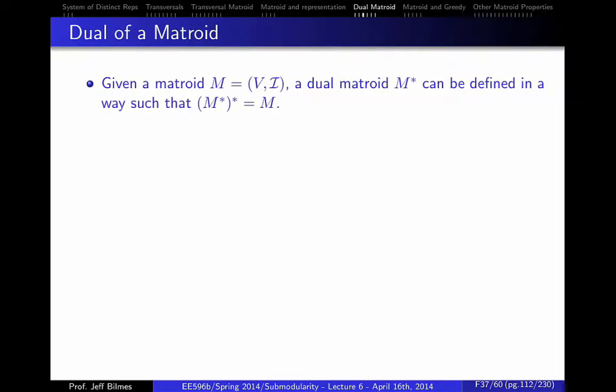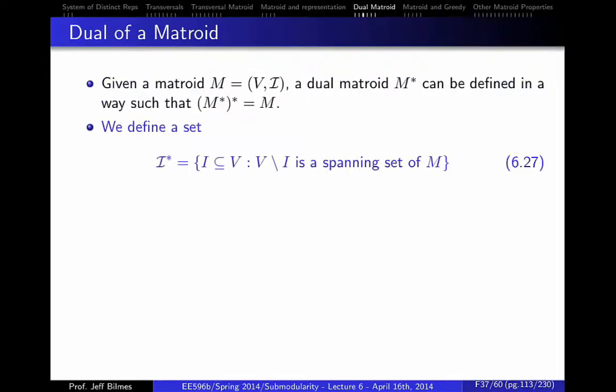So let's just define a dual matroid, and then we can finish for today. Because it's really, really interesting. And so next time what we're going to do is go over the proof of why it's still a matroid. But let's say that we've got some matroid, and we're going to define a dual of a matroid, M star. And the dual of the dual is equal to the matroid. So we've got a set of independent sets of the matroid, I, here.